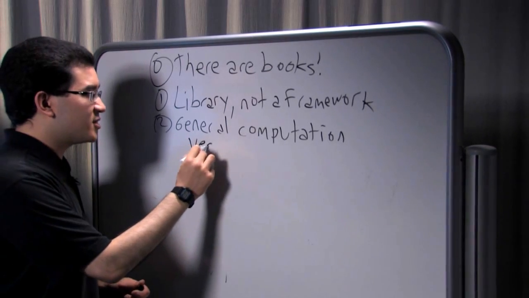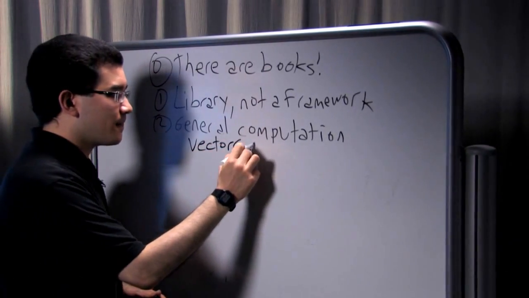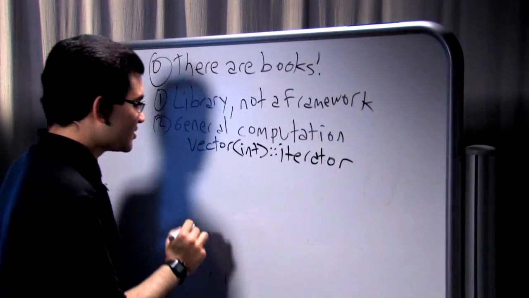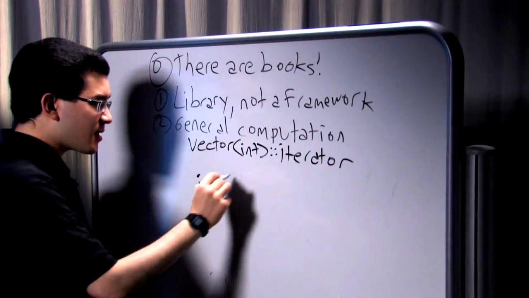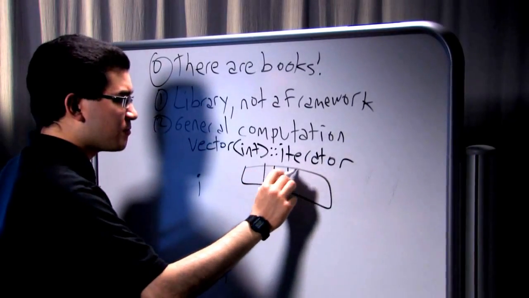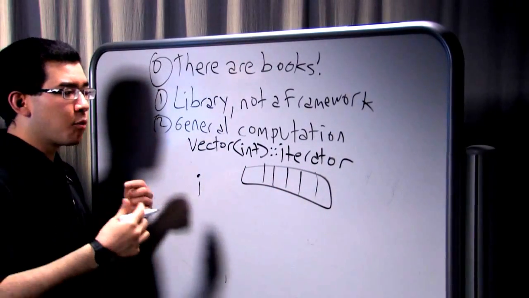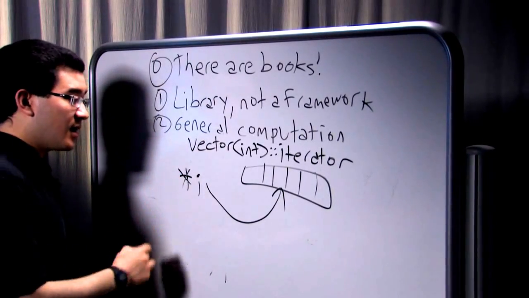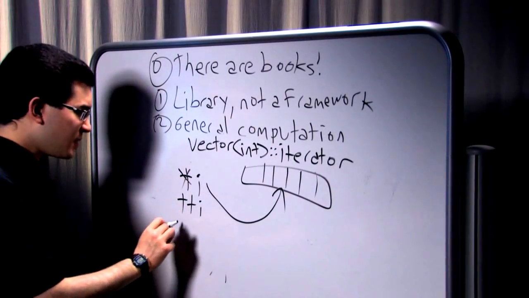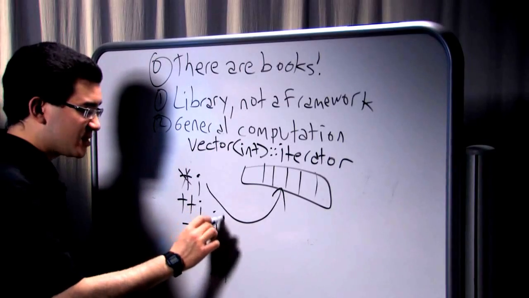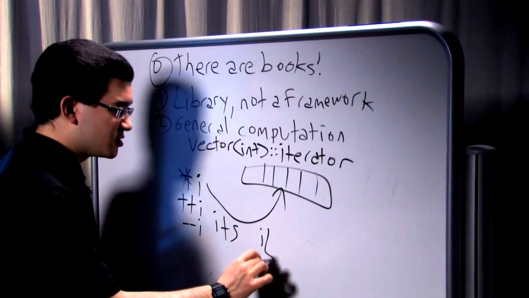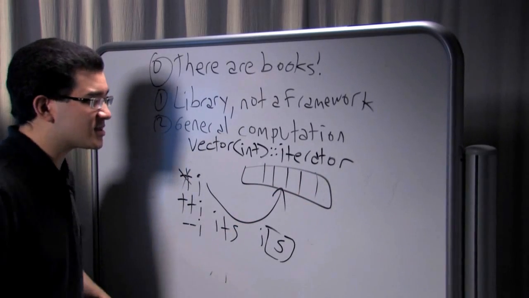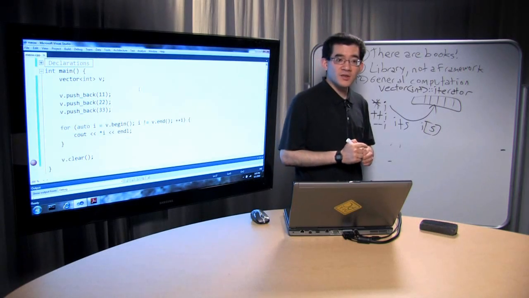So if I have a vector int iterator like this, some iterator i, and I've got a vector somewhere, I don't know what it is. This iterator points to a particular element of that vector. It can be dereferenced, it can be incremented, it can be decremented, I can add some index to it, I can even use brackets like I can with a pointer to get a relative index, exactly what I can do with a pointer.